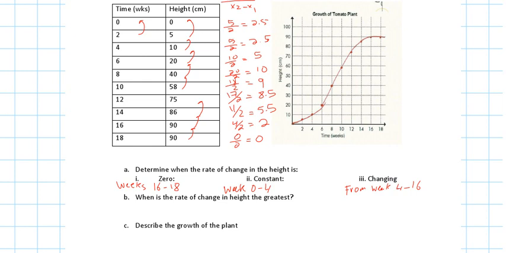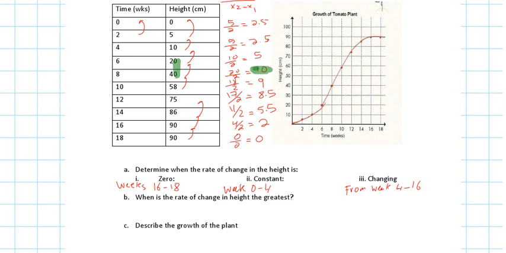When is the change of rate of change in height the greatest? Week 6 to 8, right? So right here, right? That's the greatest, right? Because that's the one that gave me 10. Yeah?